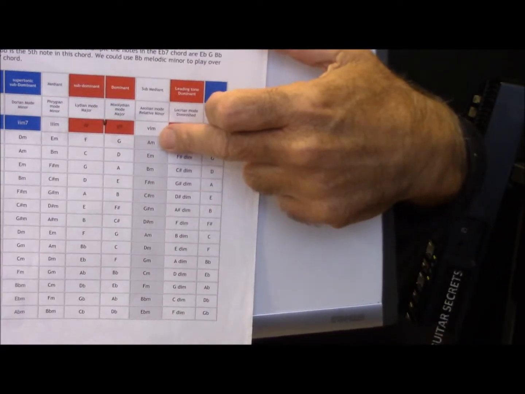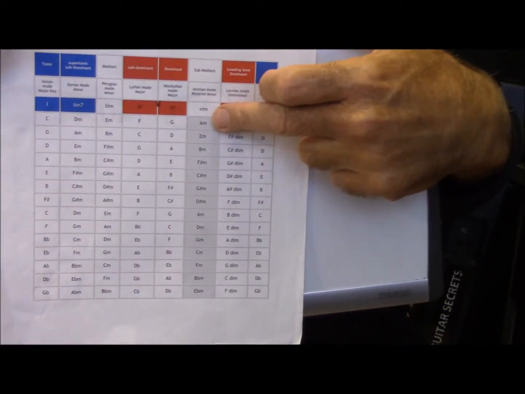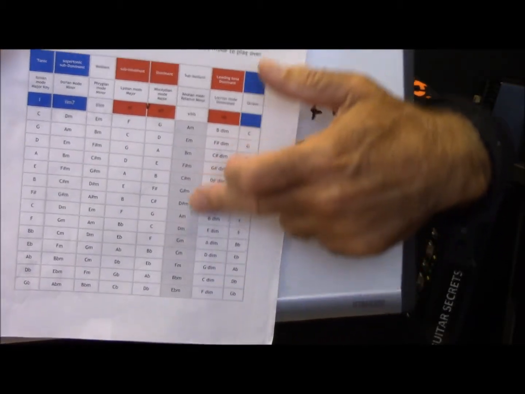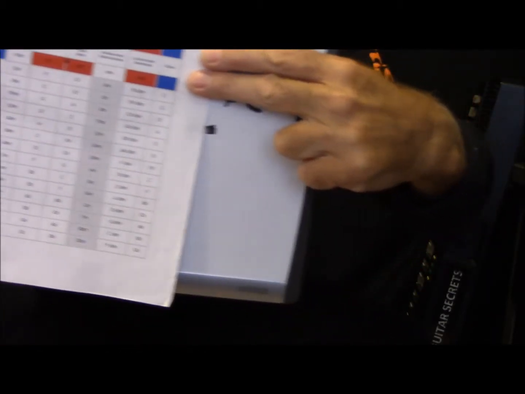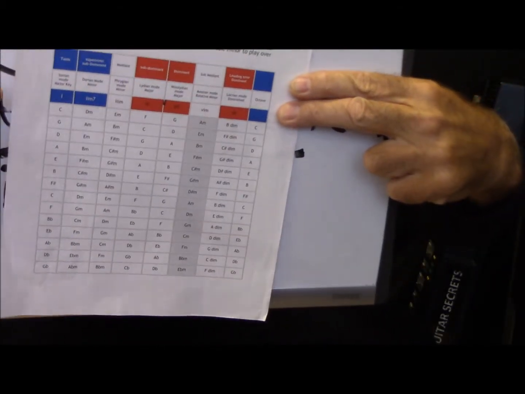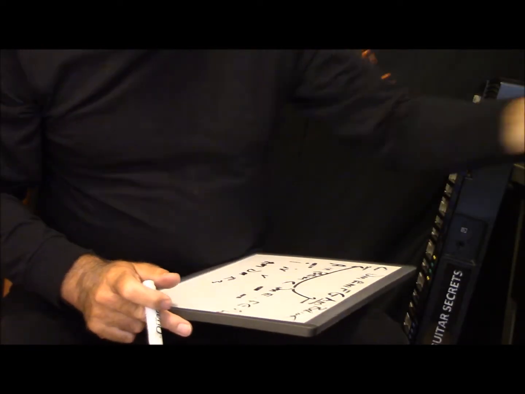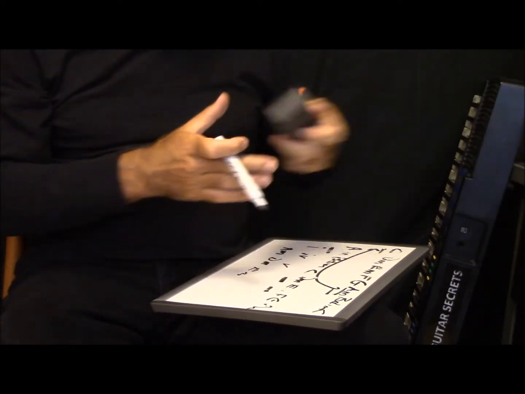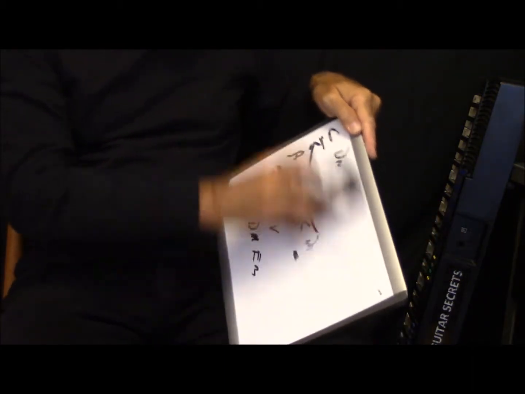That's the A minor. That's the relative minor to the key of C major. These are all the relative minors for every major key. So if you go over to this one over here, and that's the G, and then go across, you'll notice that E minor is the relative minor. So once again, that's really handy. I'm just throwing this out really quick to give you some quick theory here.